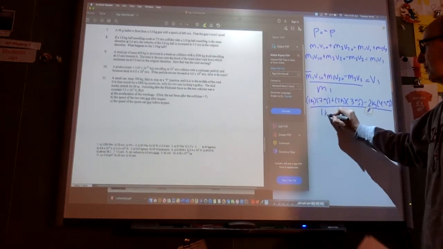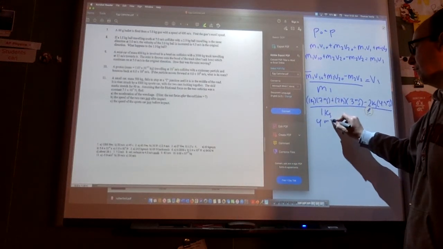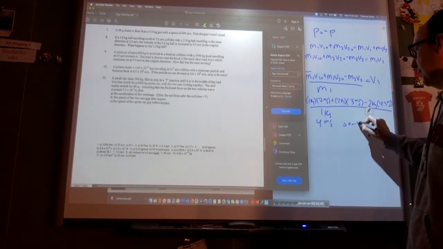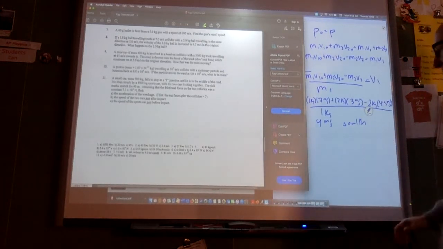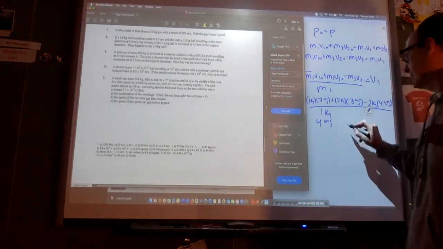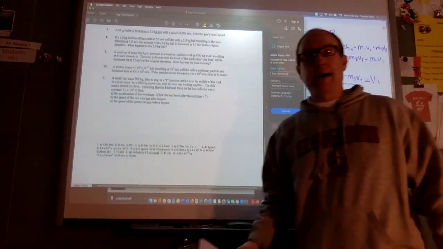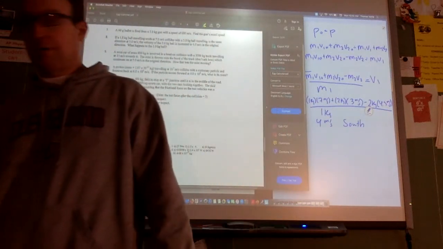And this is all divided by 1. And so I get 4 meters per second in the same direction, south. Hopefully I can spell south right. Okay. If it was negative, then I would have had an answer that was north.